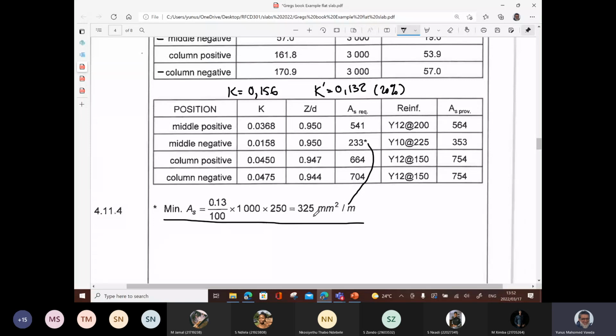So what you can literally do is take that one out and write 325. You can't have less than 320. Does that make sense to you? Yes. Okay. So now you must make sure that you got more than 325, because if you use 233, it'll be less than minimum steel. Okay, thank you. All right, you happy with that?